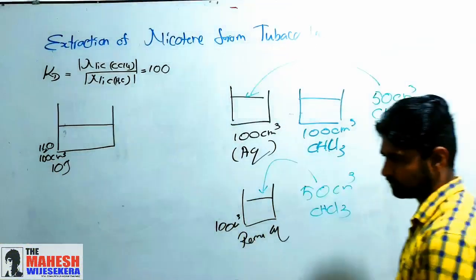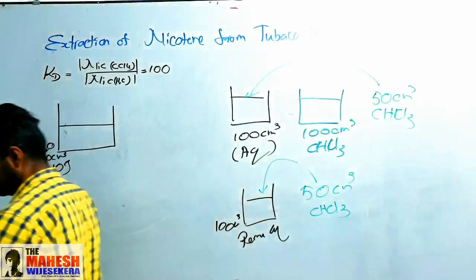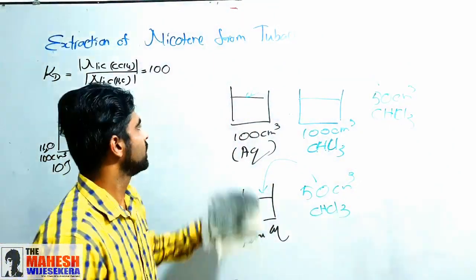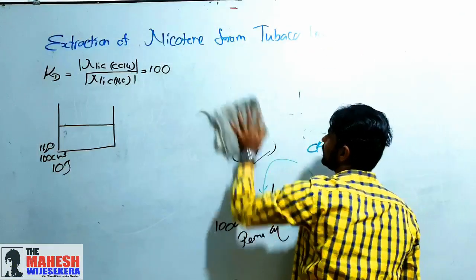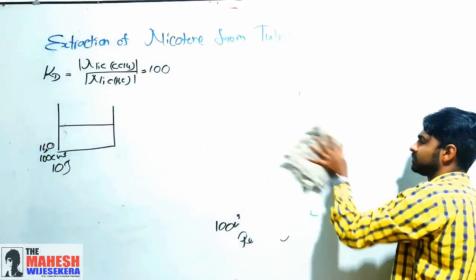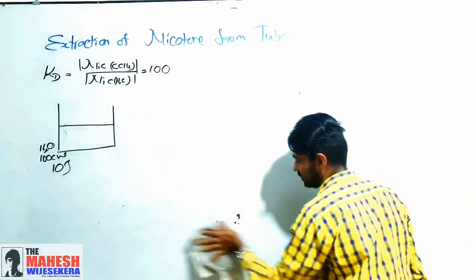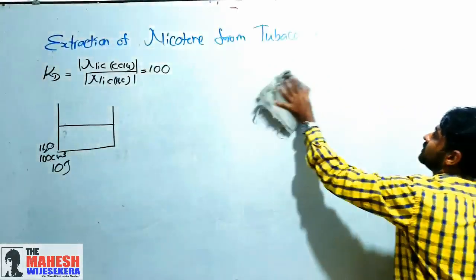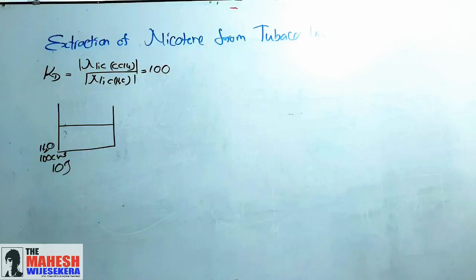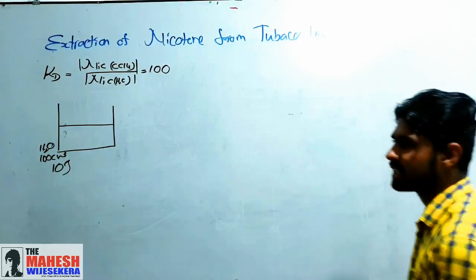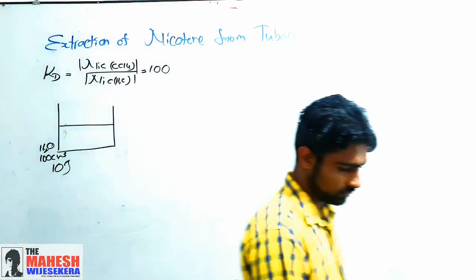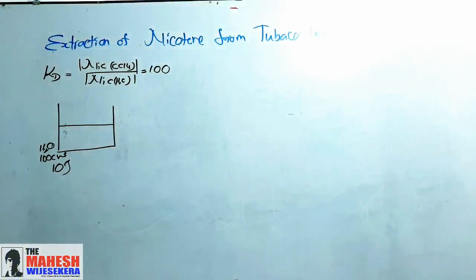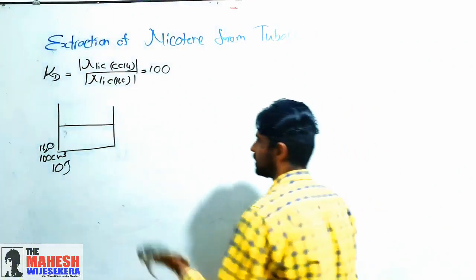Second one, by using two successive extractions, 50 cubic centimeters each. Okay, right. Shall we start?